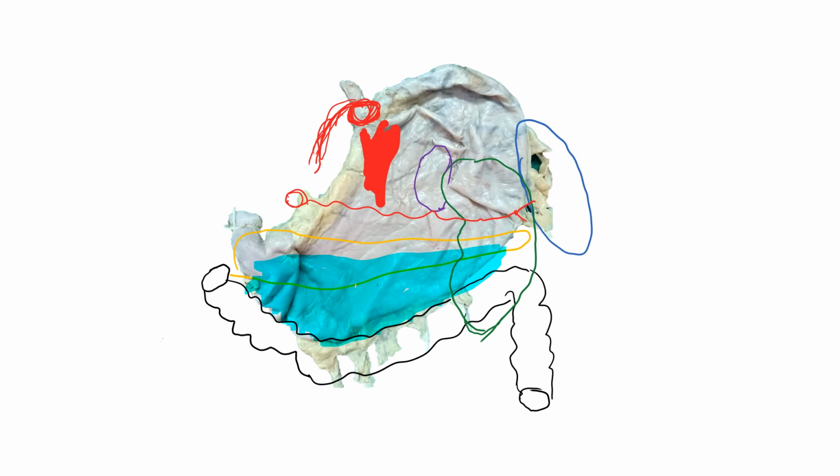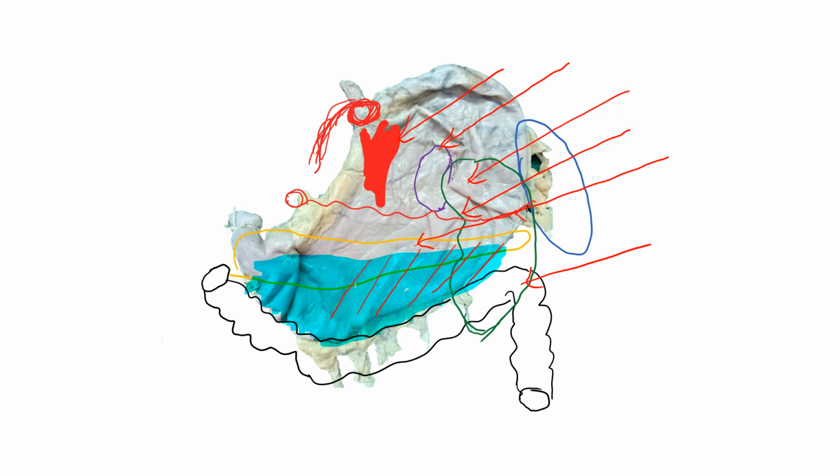The structures are the left crus of the diaphragm, anterior surface of the left suprarenal gland, anterior surface of the left kidney, splenic artery, anterior surface of the pancreas, transverse mesocolon, splenic flexure of the colon, and sometimes, when the stomach is distended, the fundus of the stomach comes in relation to the spleen also.